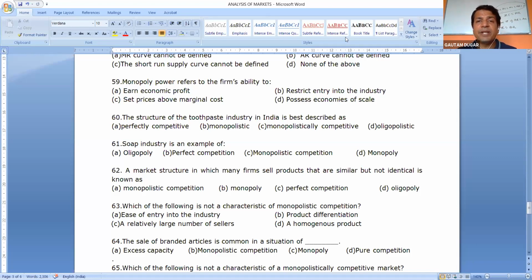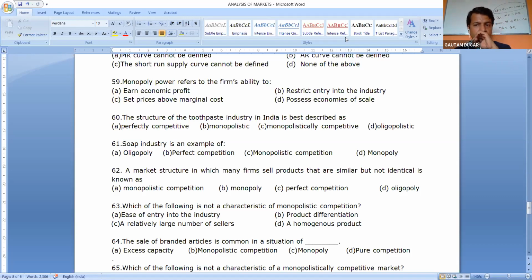So the toothpaste industry, the soap industry, the market for detergent powders, the market for toilet soaps as you call them, all these are examples of a monopolistically competitive market. So 60, 61, in both cases the answer is C, monopolistic competition.